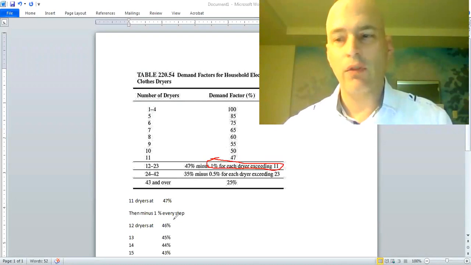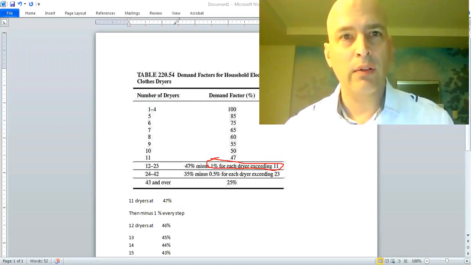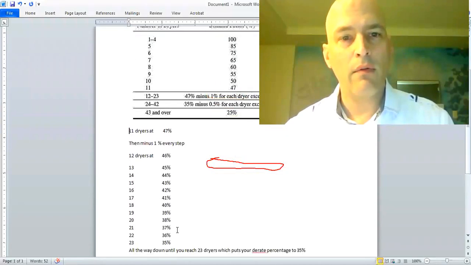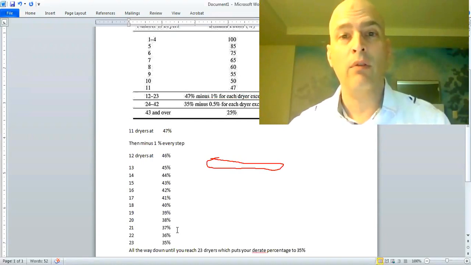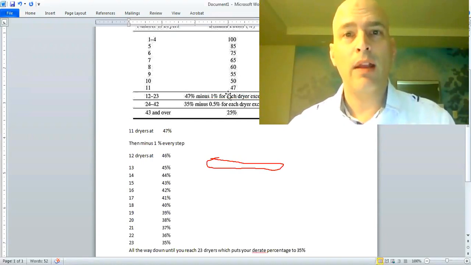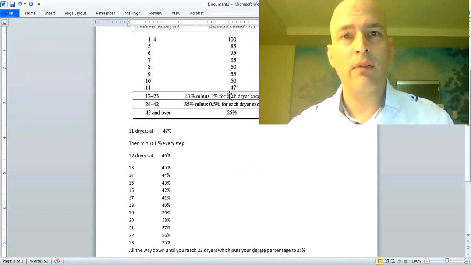So that makes sense. If you look down here as we go down this list that I've got typed up here, I've actually got all the way from 12 through 23, which is what that line up there represents. So the last one at 11 would be 47%.